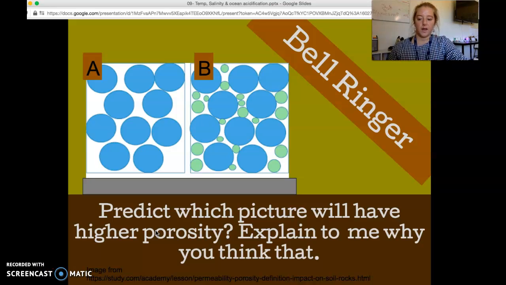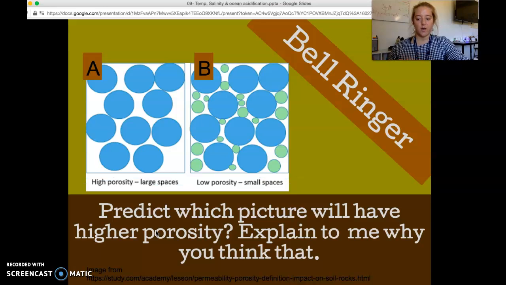So what we'll find out is that A actually has the higher porosity because of the large spaces in between. We can think of those as molecules, so let's just call them rocks. Because of the spaces in between the rocks, or the white space, it's better able for gases, but specifically water, to flow through.